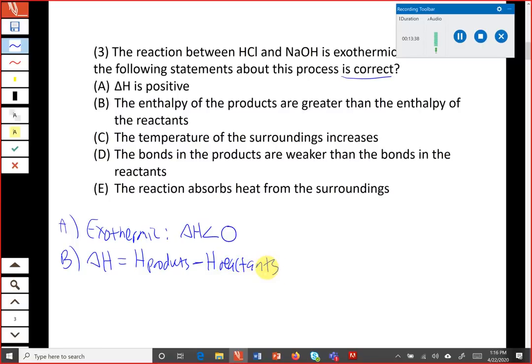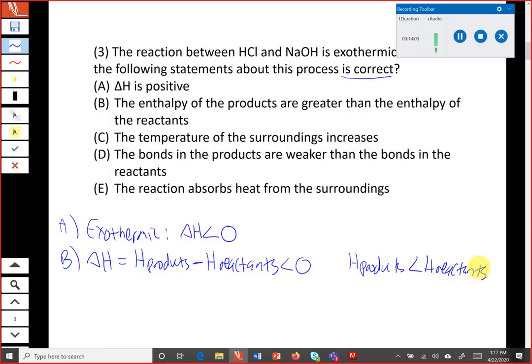Okay? Now we don't usually deal in terms of absolute enthalpies, but this is what it would be defined as if we were thinking about it in those terms. And this number, as we said, because it's exothermic, is less than 0. And then if we rearrange this inequality, this would tell us that for an exothermic reaction, the enthalpy of the products is less than the enthalpy of the reactants. All right.